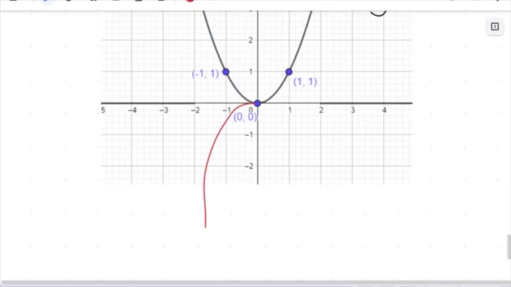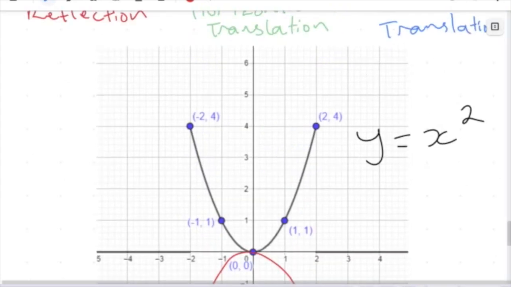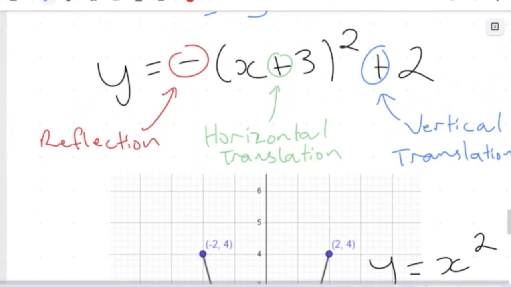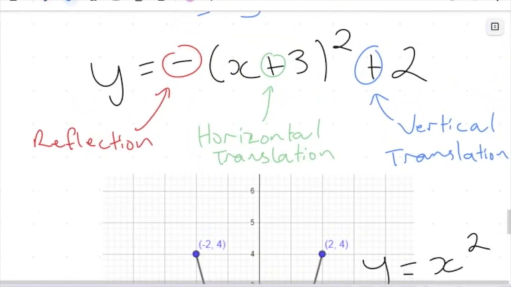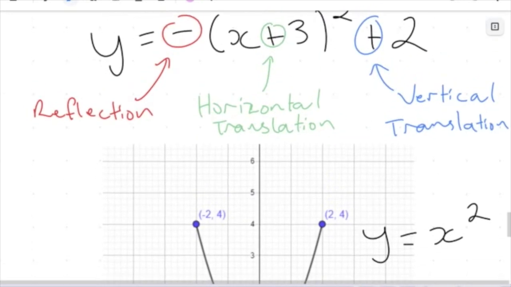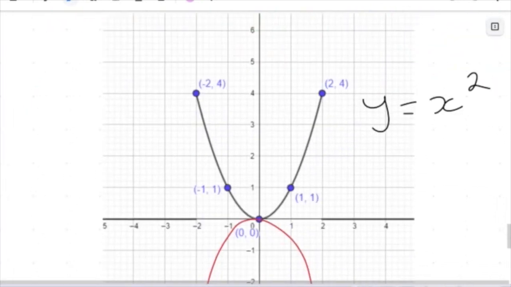So I'm reflecting this down. I am translating horizontally. So here we have a positive 3. So we want to go in the opposite direction to this sign by the amount of units being whatever this number is. So now we want to go 3 units to the left.